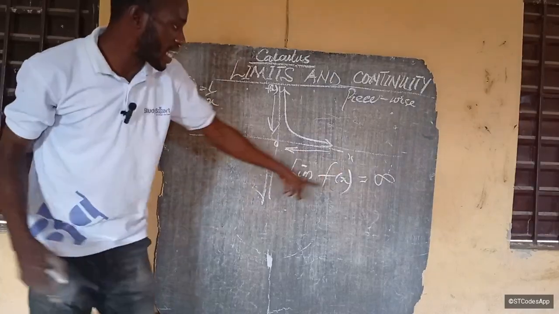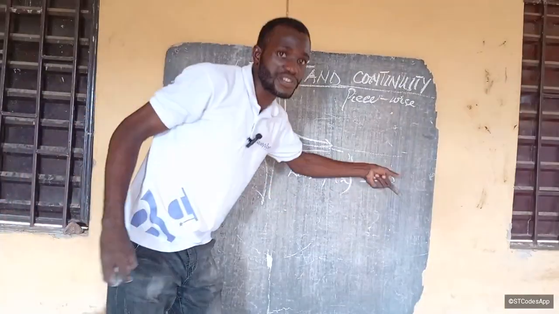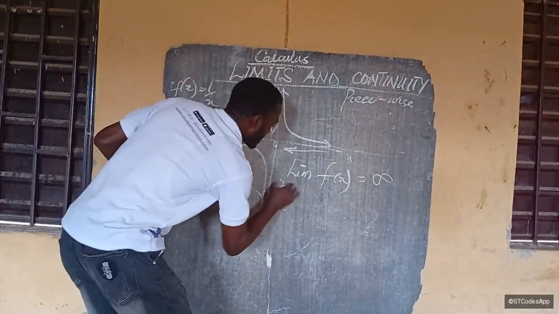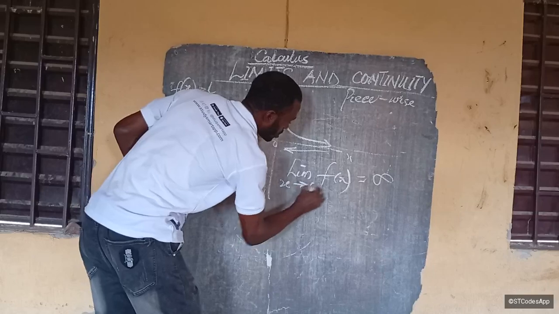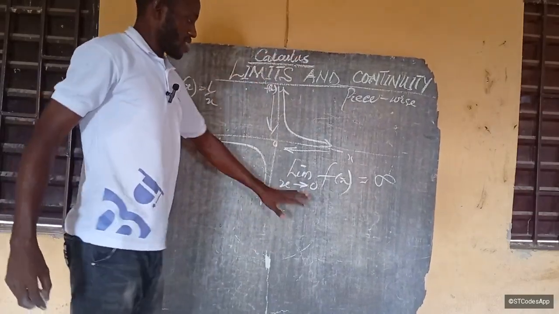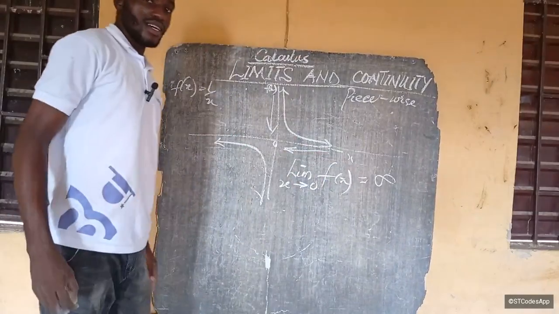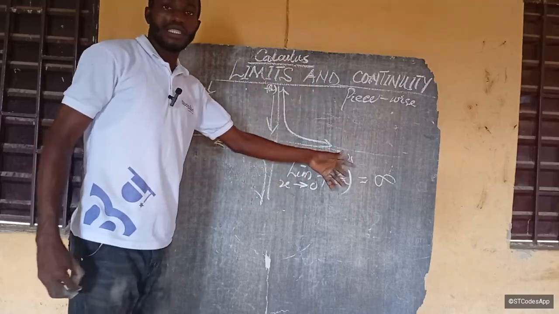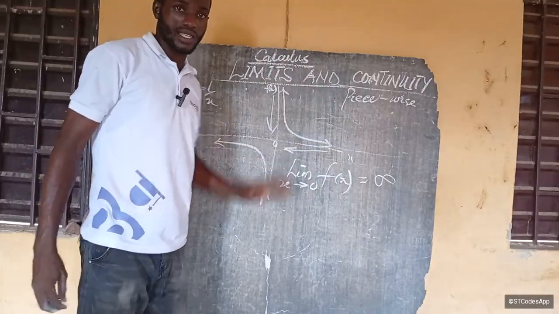So what this is saying is that this function never becomes infinity, but our function keeps approaching infinity as our x approaches 0. So this is the mathematical notation that we use for writing limits. Is that okay?